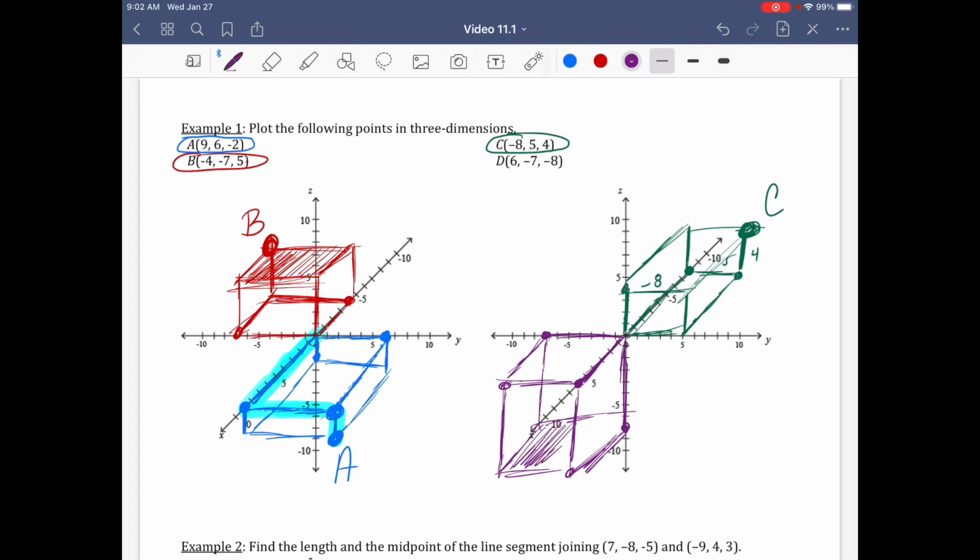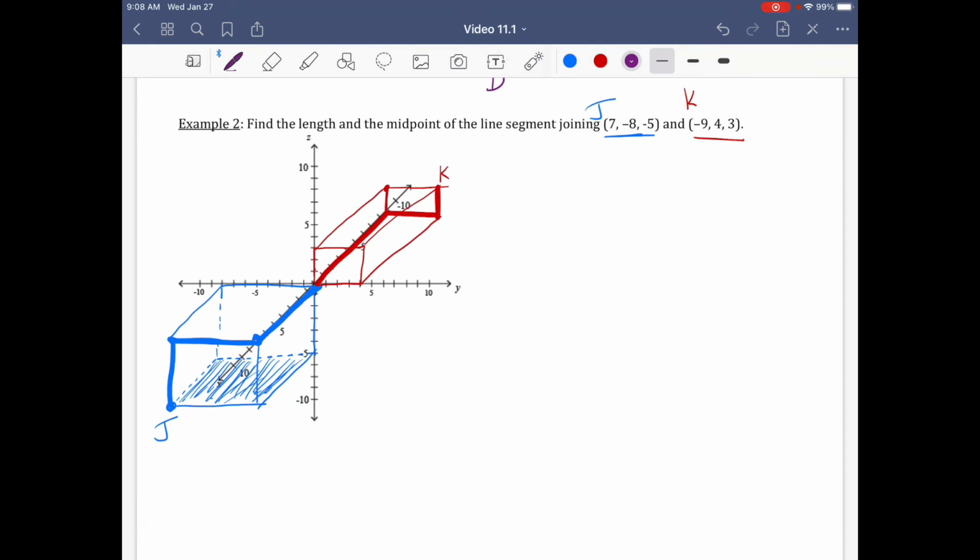So this plane right here is floating 8 units below this plane, which would be the XY plane. So here is point D in purple. All right. So like I said, in class we'll look at a lot of these and we'll use some 3D graphics software to really get a dynamic look.